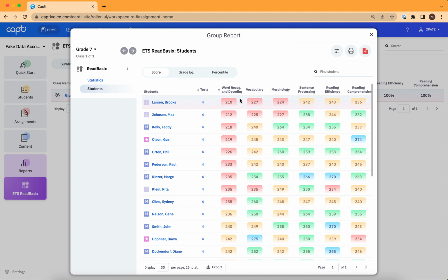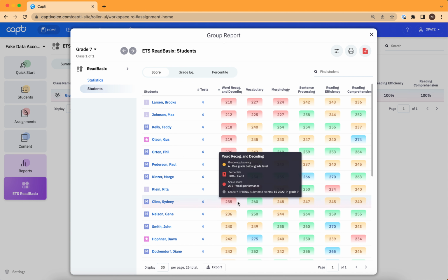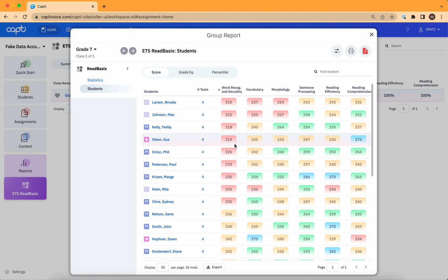And this is an important feature because researchers at ETS found that there's a decoding threshold, meaning that if students are 235 or below on the word recognition and decoding subtest, they don't have a relationship with reading comprehension.